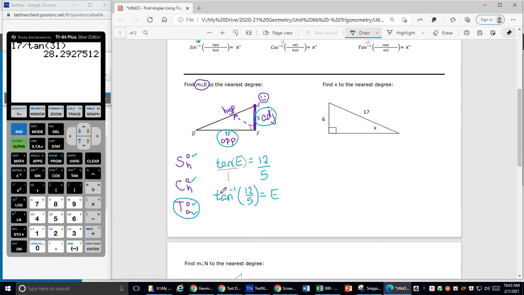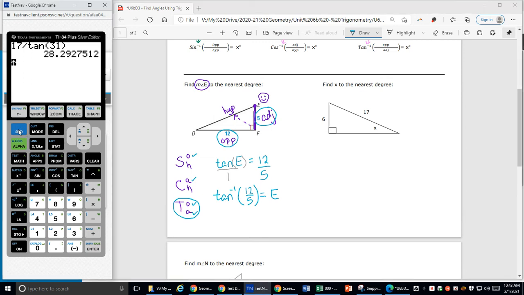So now, how do I put this in the calculator? When I come over here, notice sine, cosine, and tangent in blue. Right above them, I have the little minus ones. So if I want the inverse tangent, to get it in blue, I'm going to hit second, and then the tangent button, and notice I get my inverse tangent, and it opens the parentheses.